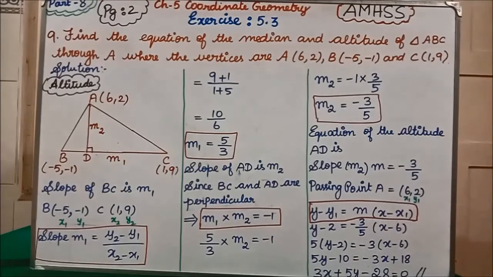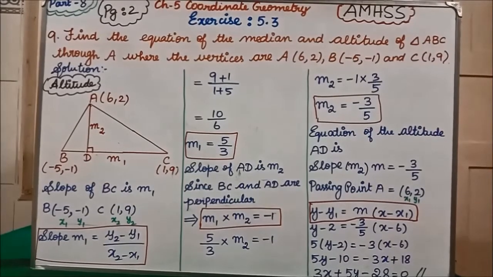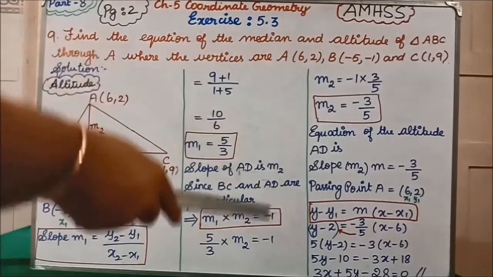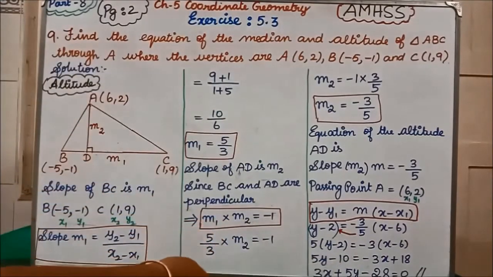The next step, we are doing the cross multiplication. We are taking the denominator 5 to the left hand side. See, I have written an arrow mark. So 5 into y minus 2 is equal to minus 3 into x minus 6.